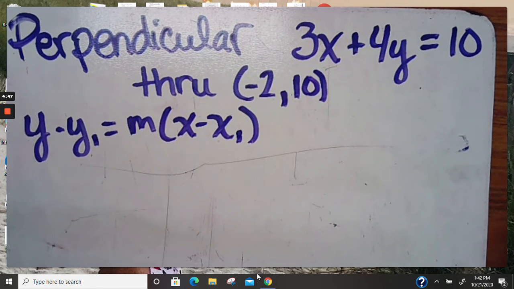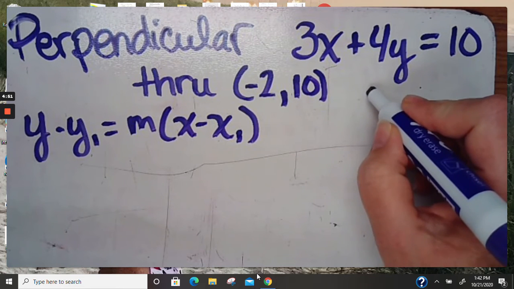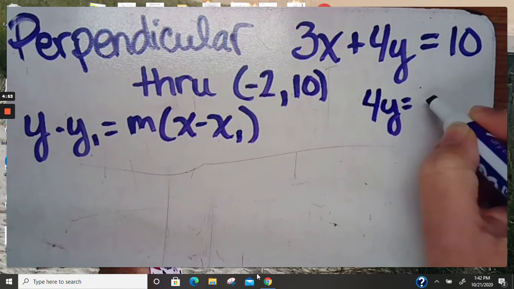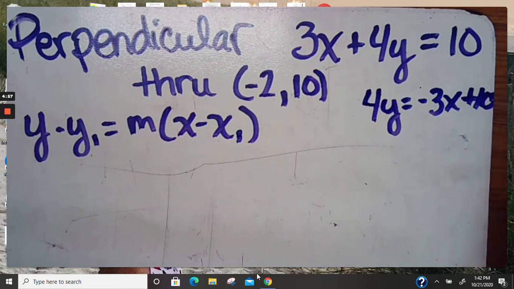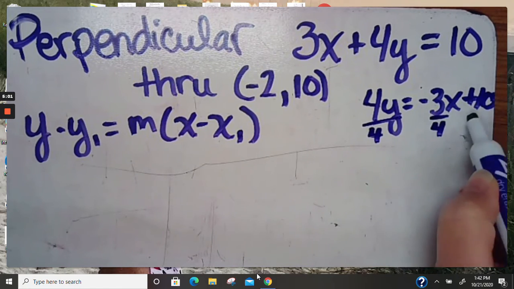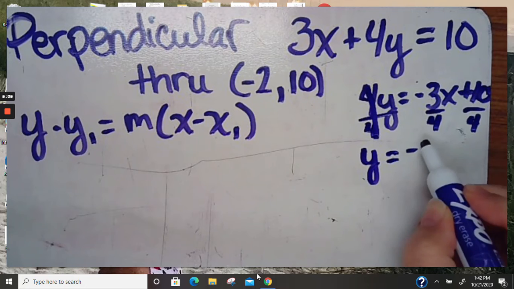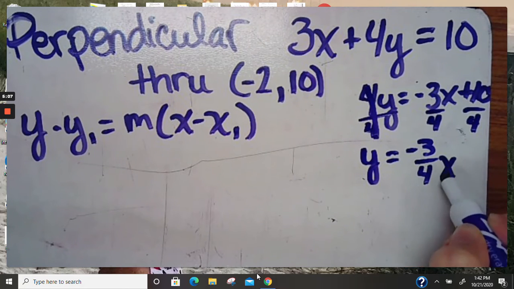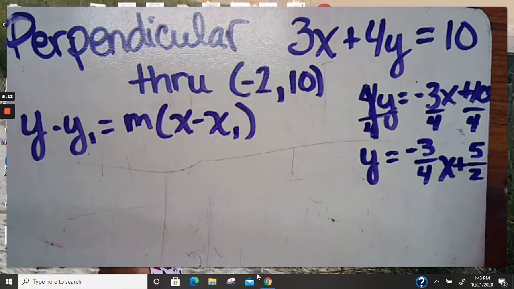So I'm going to subtract 3x from both sides, and I'll have 4y equals -3x plus 10. And then divide everything by 4 to get y by itself. These cancel, and y equals negative 3/4 x plus 10 over 4, which would reduce to 5/2.